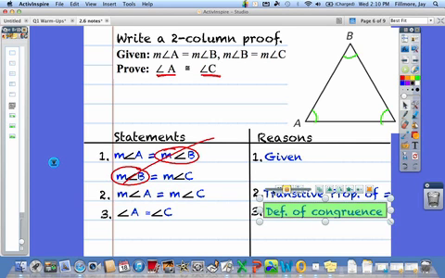Well, that's following from the definition of congruence, or the definition of congruent angles, back from chapter 1. Where it says that if we have two angles whose measures are equal, then they are congruent. Or the converse: if two angles are congruent, then their measures are equal. So to go from equal to congruent, we had to use the definition of congruence, or in this case specifically, the definition of congruent angles.